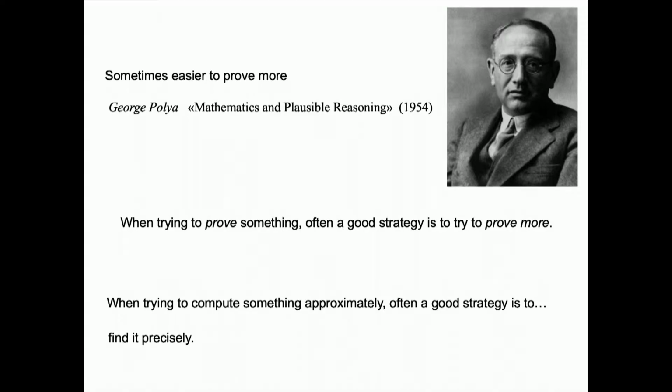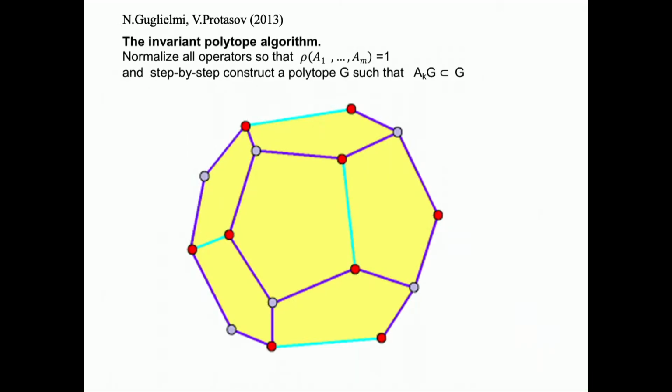How is it possible to find it precisely? Because these negative complexity results just prohibit us from doing that. But we can be inspired by the same example of the simplex method in linear programming, which is extremely bad theoretically, but it works. This is the invariant polytope algorithm by Nicola Guglielmi and myself from 2013, which finds the precise value of the joint spectral radius. How does it work?